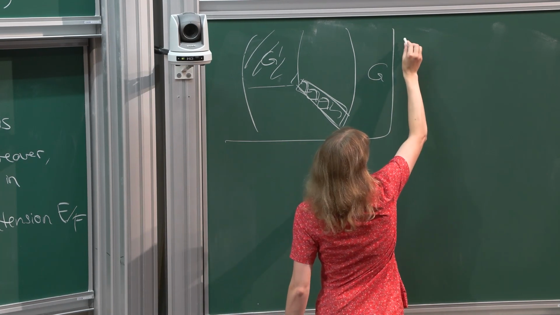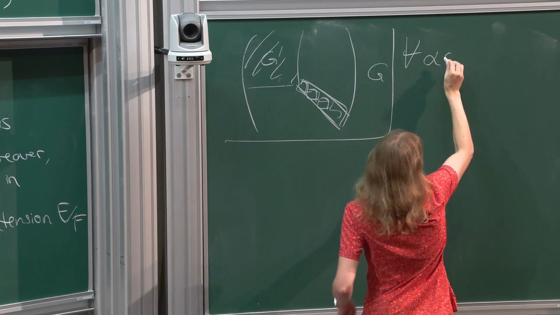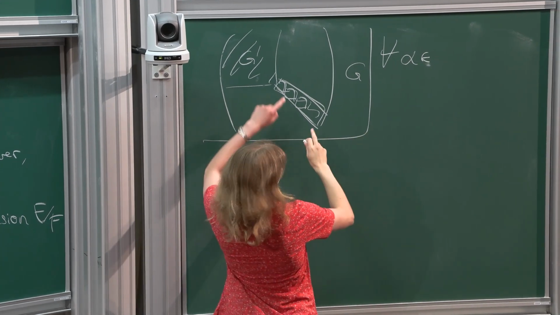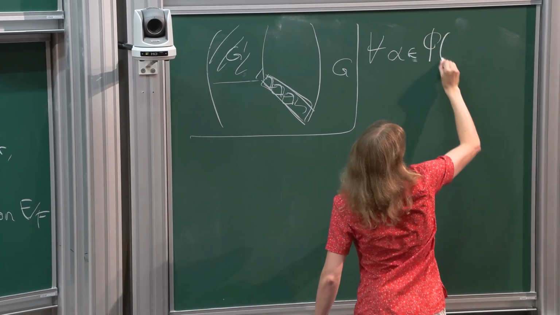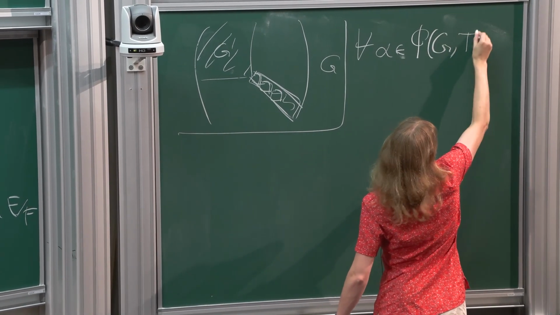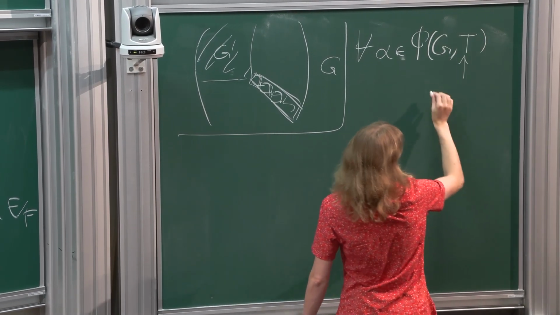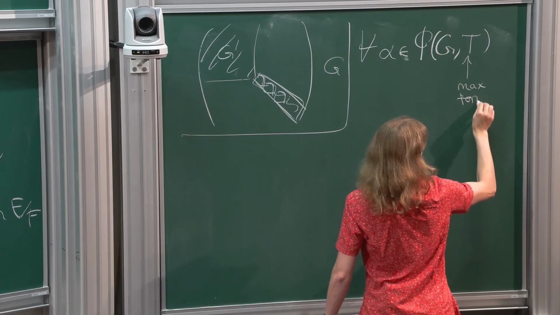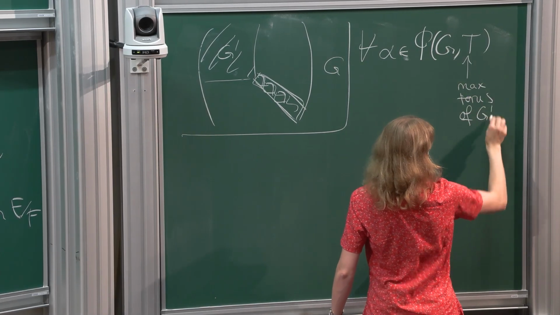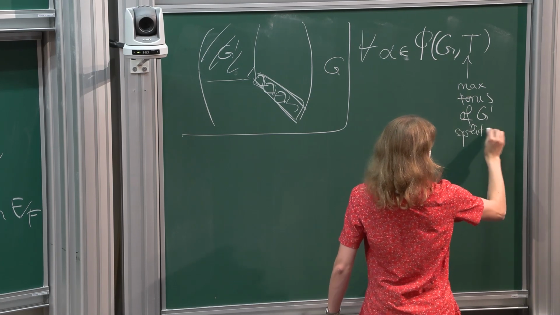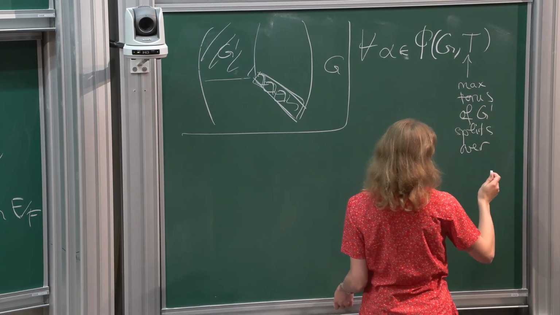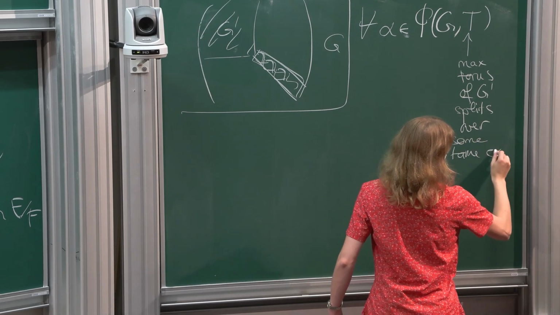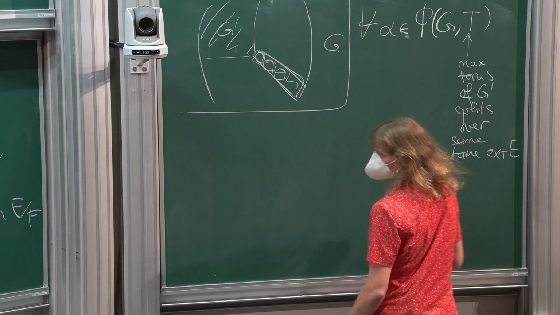So we want that for every root alpha, that is a root of G with respect to, say, T, a maximal torus of G prime that splits over some tame extension E. Well, I shouldn't have called it E there.